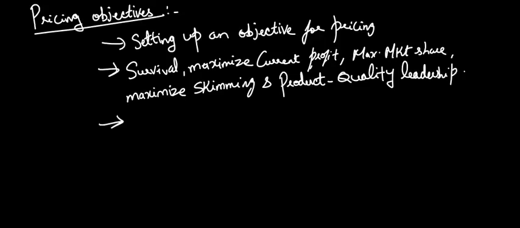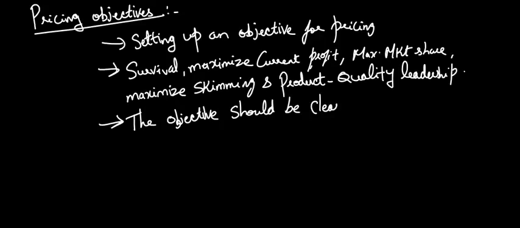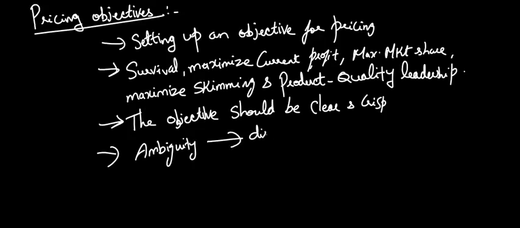So when I talk about the pricing objective, the objective should be clear and crisp. Any ambiguity will lead to disastrous pricing, which will affect the firm in a large manner.